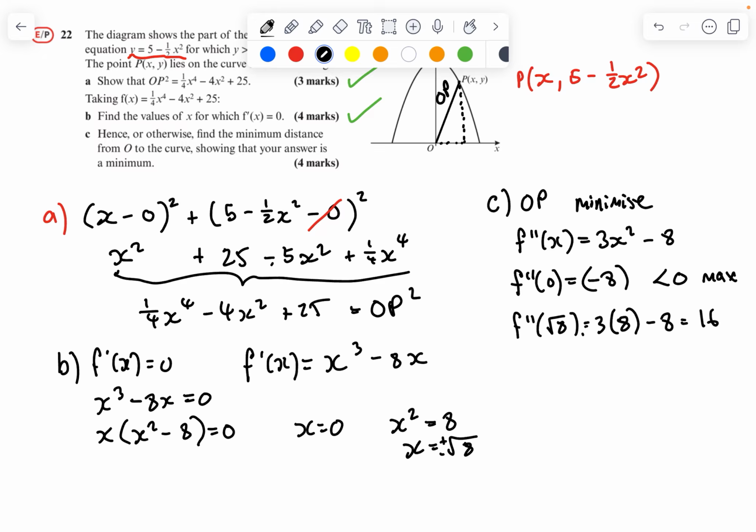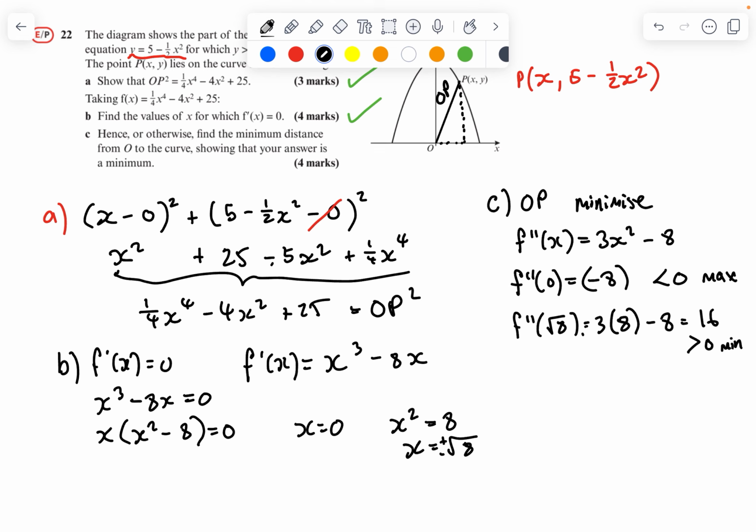That is greater than 0, so that is the minimum. Again, if I put in minus the square root of 8, I'll get the same answer, 16.